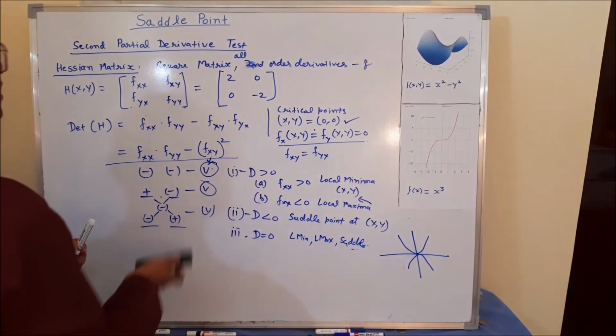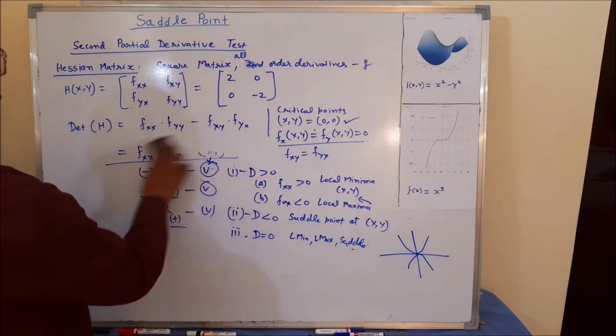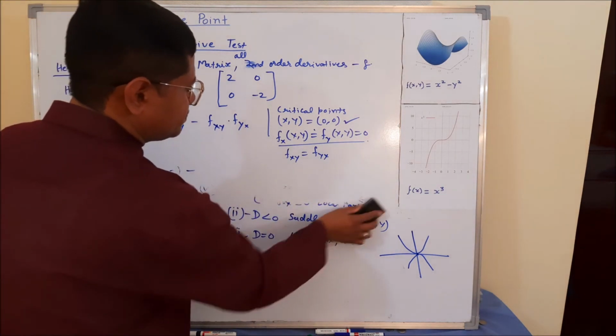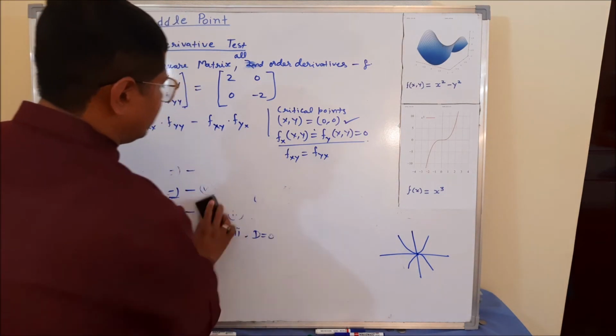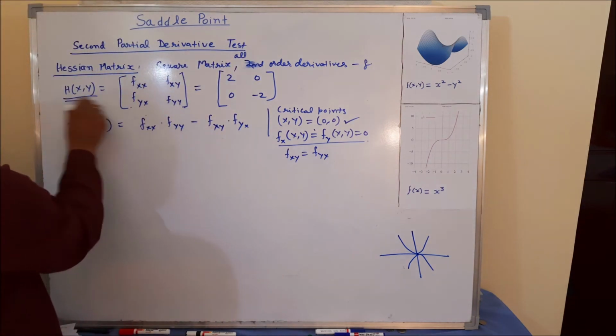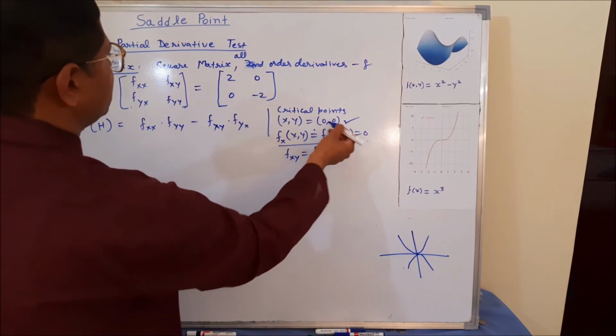So, to get the information at a higher level, we use the concept of eigenvalue. In this case, we just calculate the eigenvalue for a given critical point.